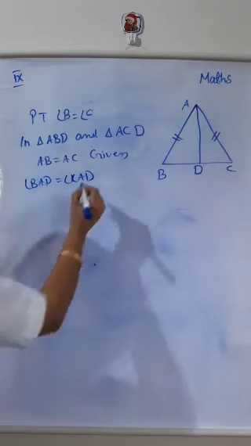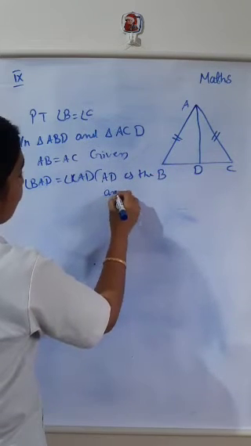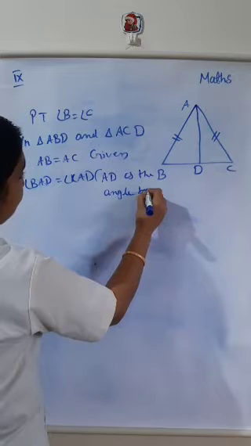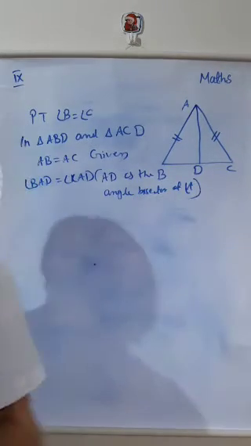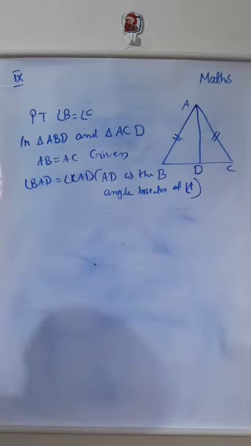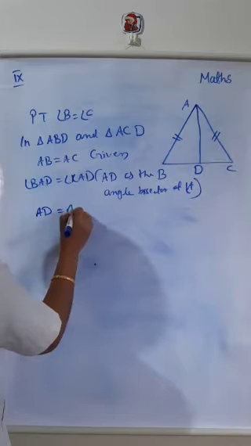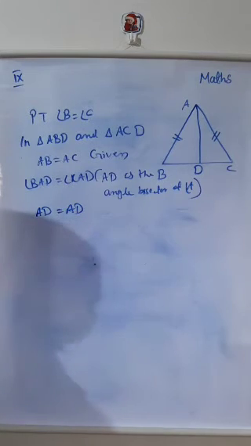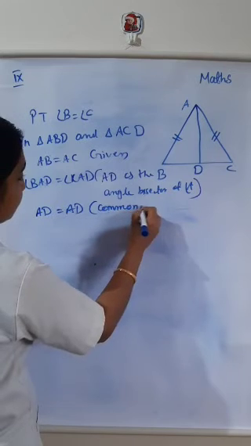Why? AD is the angle bisector of angle A. Then AD is equal to AD, the common side of the two triangles.